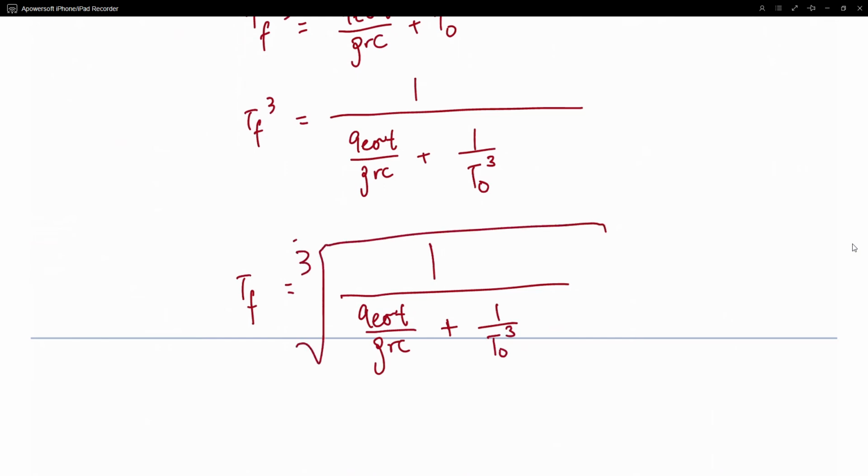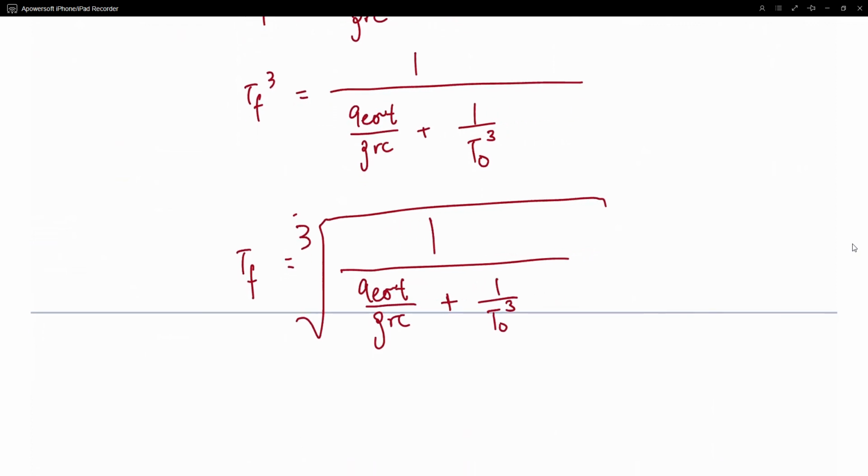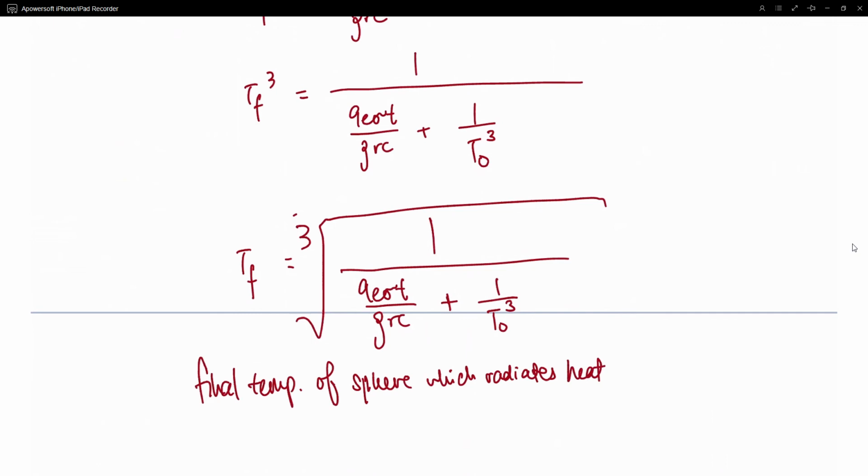And this is going to be the final equation that we get. So this allows us to find the final temperature of a sphere which radiates heat in terms of all these parameters.